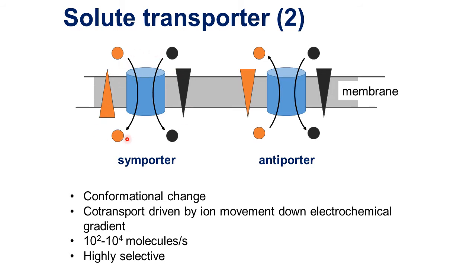An example of a symporter is the sodium glucose importer that is found in intestinal cells, where the uptake of glucose against the gradient is facilitated by movement of sodium ions down the gradient. When the coupled movement of one molecule is going in the opposite direction as movement of the second molecule, we're talking about an antiporter mechanism.